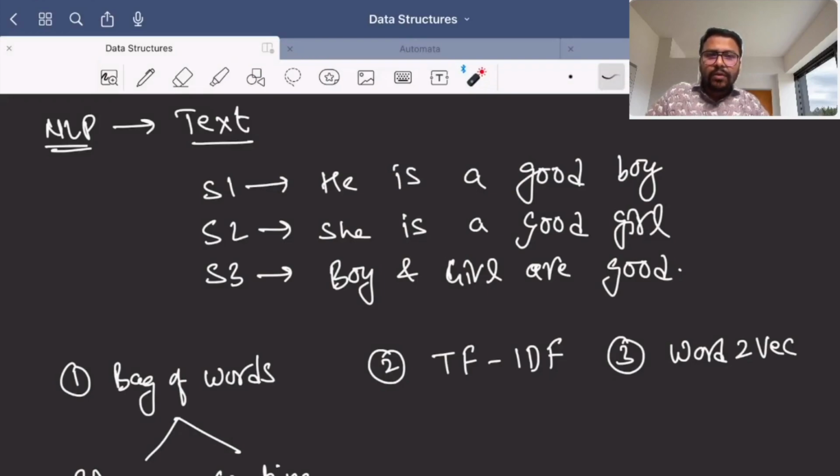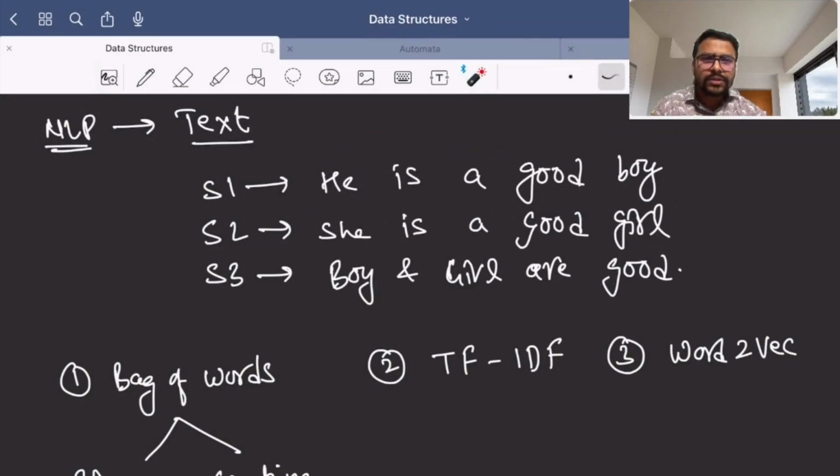And when we are training our model, the data is obviously from the past, not of the future, because future data is not available with us right now. So now, first of all, we want to do some pre-processing before applying these algorithms.